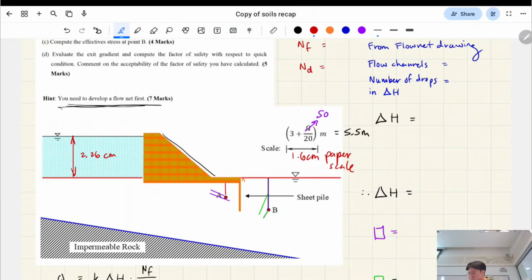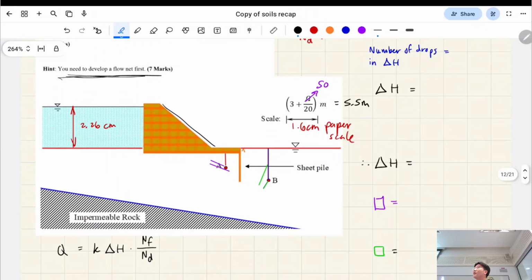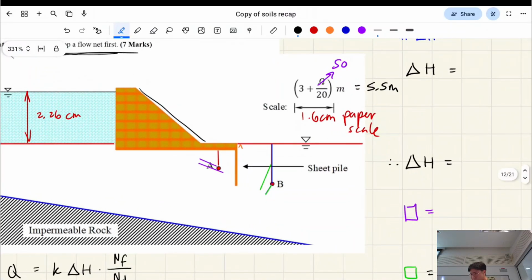And we're gonna draw a flow net now. So the idea of a flow net is that essentially we have equipotential lines and we have flow lines. I like to start with the flow lines. Flow lines go parallel to how the water's flowing. I'm gonna try to recreate this. It looks something like this.